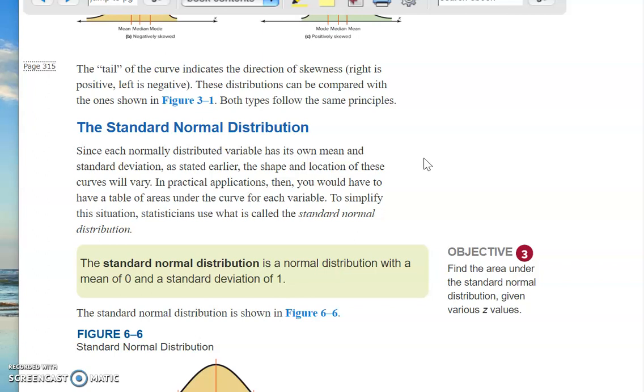We cannot have a different table for every single random variable. That wouldn't make any sense. For example, you might say, here's a distribution of women's heights.